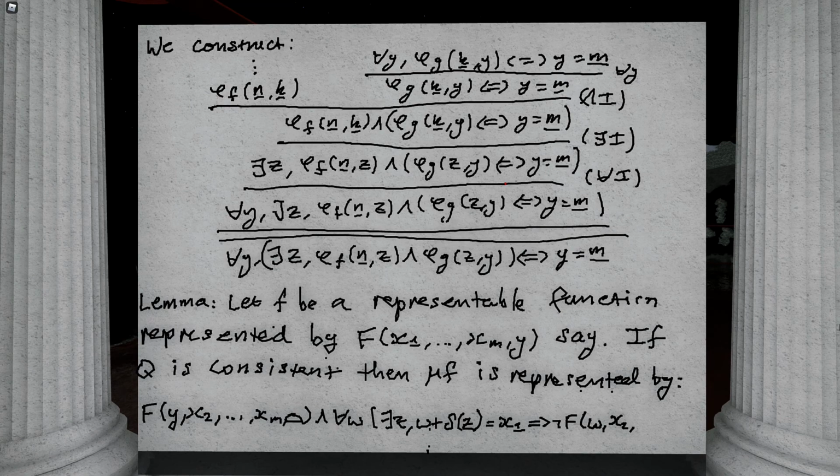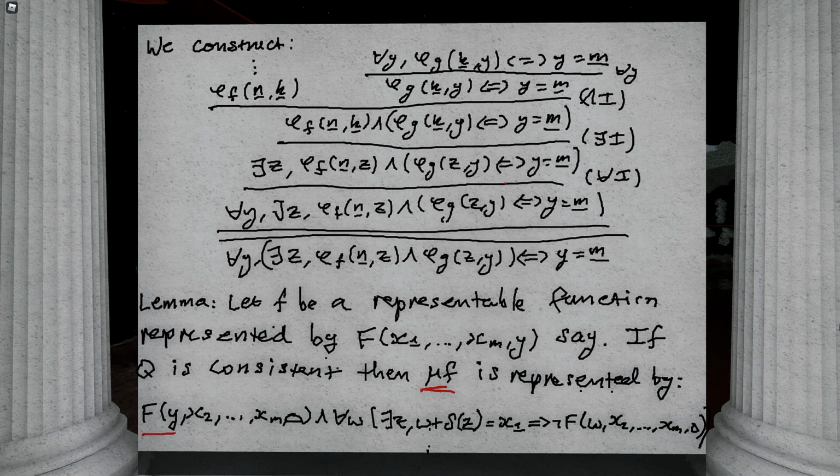Okay, I'll step through this once I've written it. So this might look ugly, but it truly isn't. This is perfectly intuitive. The minimization of f is the function that returns the minimal value y for which f of y, x2 up to xm is equal to 0, right?